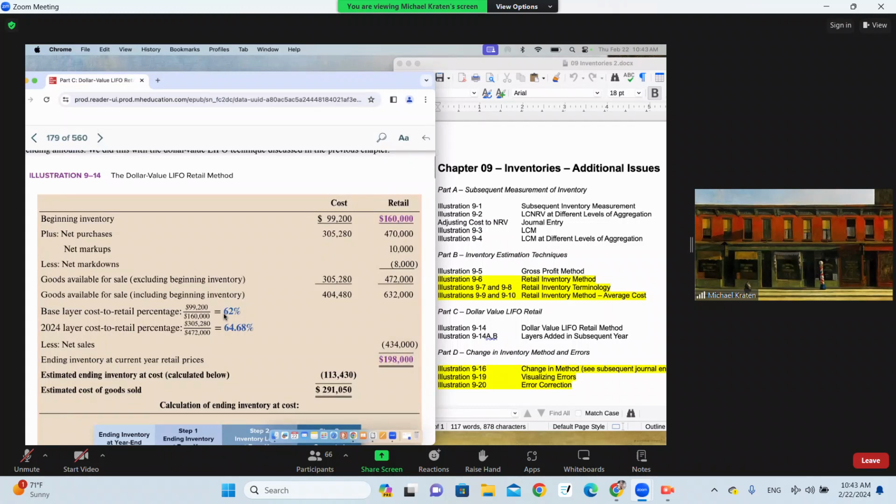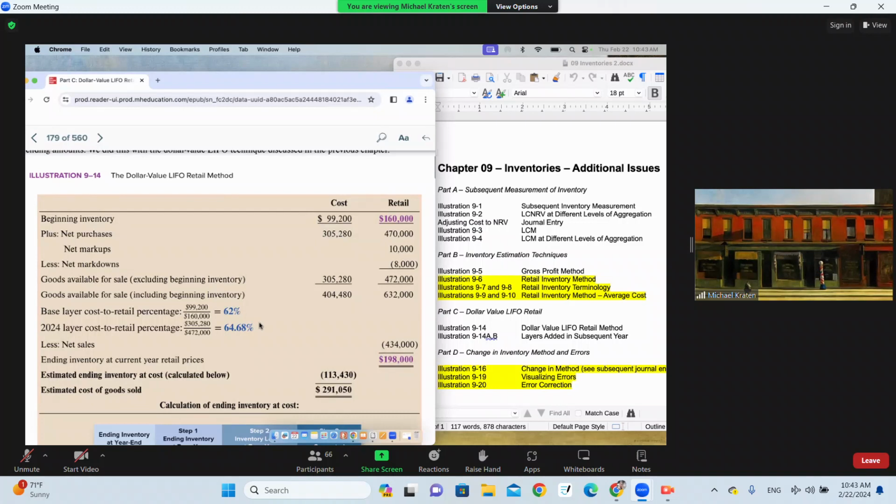Here, what you're saying is, why compute a single one when the goods that you have available for sale consist of both old inventory, or beginning inventory, inventory available at the beginning of the day, and new inventory?